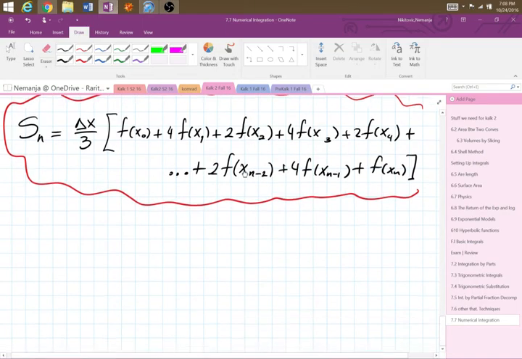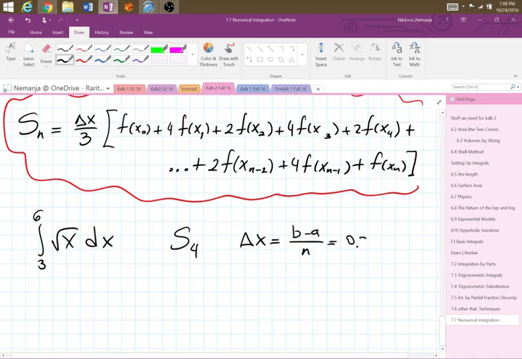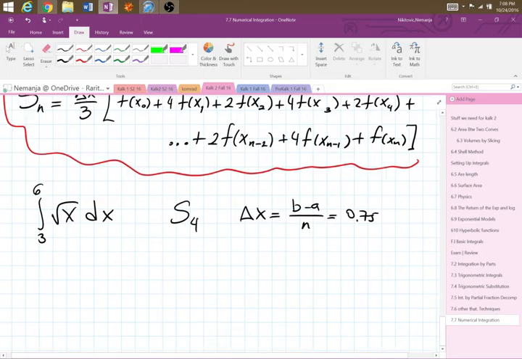Again, the same problem. We have the integral from 3 to 6 of square root of x dx. We are going to do S4. Delta x is still b minus a over n, which is 0.75, also known as 3/4.